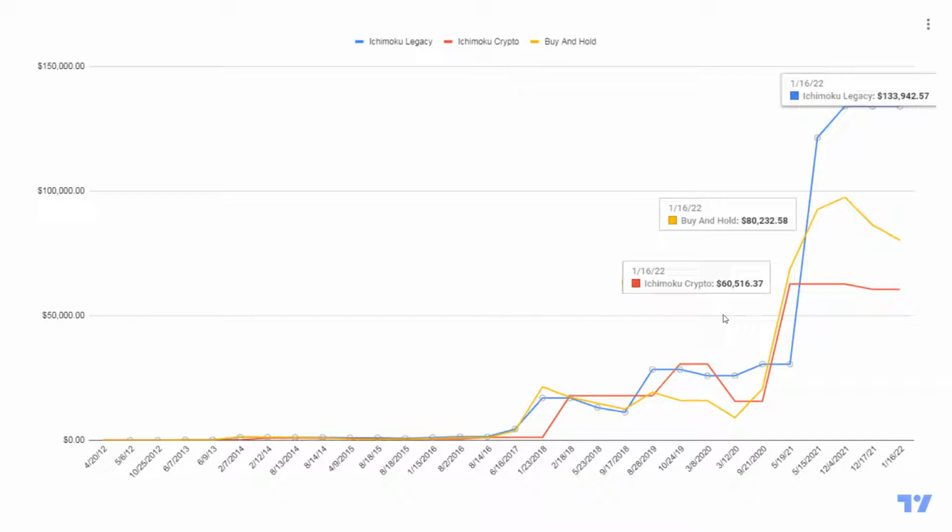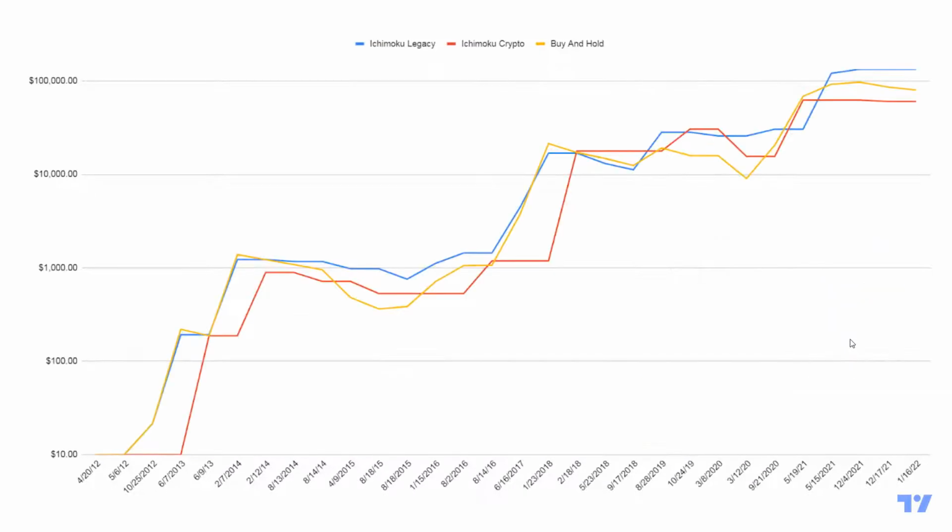Now, let's visualize this a little bit differently. Let's use what we need to use in all cases, a logarithmic chart. And so this is going to show the returns over the last 10 years logarithmically. And there's something we can notice here. The returns do not stay consistent. In fact, HODL at many times, like the 2018 run, has actually outperformed both of these strategies.